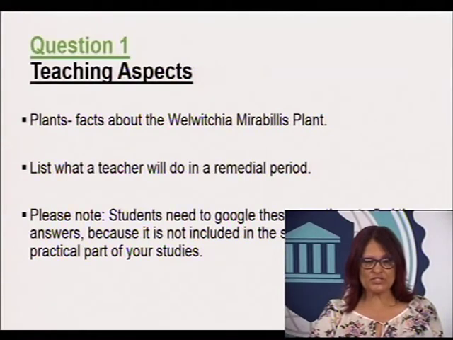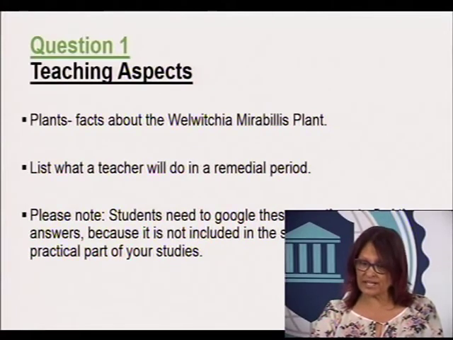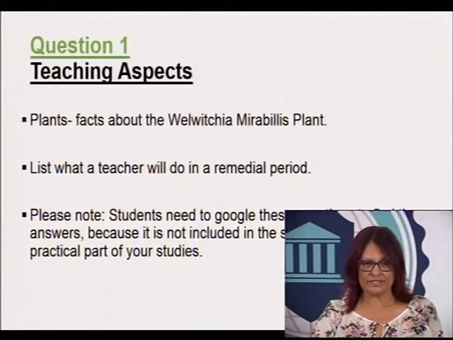List what a teacher will do in a remedial period. Please note, students need to Google these questions to find the answers because it is not included in the study guide, but it is the practical part of your studies.